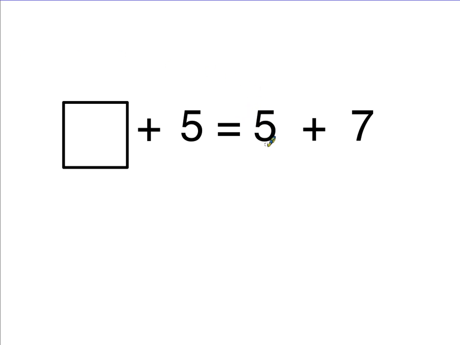If we have 5 plus 7, that's the same as 5 plus 7. 5 plus 12 is the same as 5 plus 12. And you get it. What number should go over here?